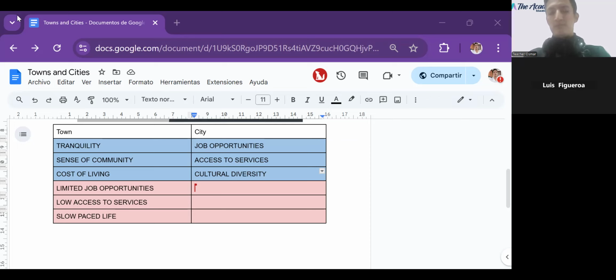Repeat, what is it? Serían noise and populations. O sea, ruido y contaminación. Contamination, pollution. O sea, sería noise and pollution. Yes, pollution, very good. Otro sería higher cost of living.